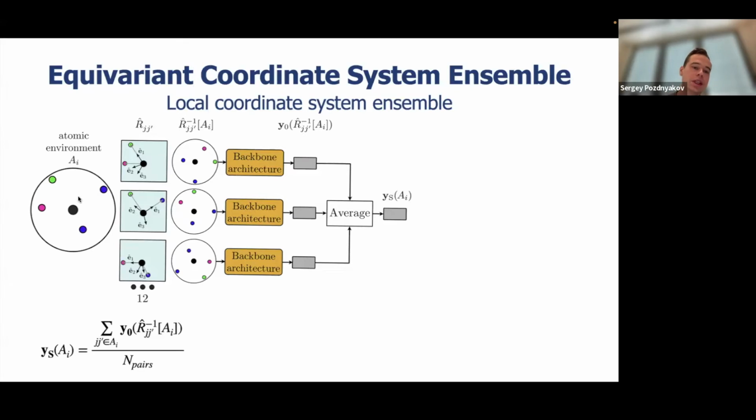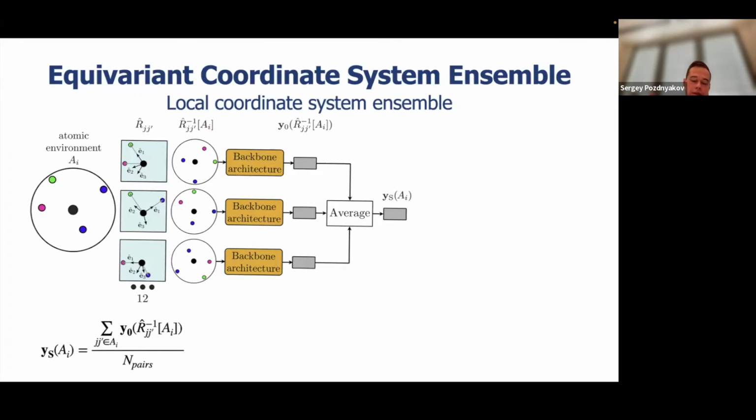For instance, for this atomic environment, there are 4 neighbors. So in total, there are 4 multiplied by 3, which is 12 ordered pairs of neighbors. So in total, we define 12 local coordinate systems. Next, we project our atomic environment onto each of them. Next, we feed the result to our backbone architecture. And next, we get our final prediction as the average of all the predictions.